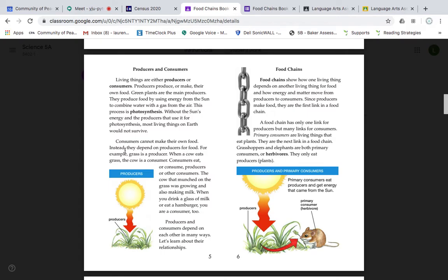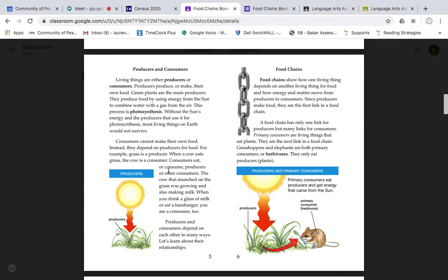Consumers cannot make their own food. Instead, they depend on producers for food. For example, grass is a producer. So the grass down here, they make their energy from the sun. And then when a cow eats the grass, the cow is a consumer. So when you consume something, it means that you eat it.